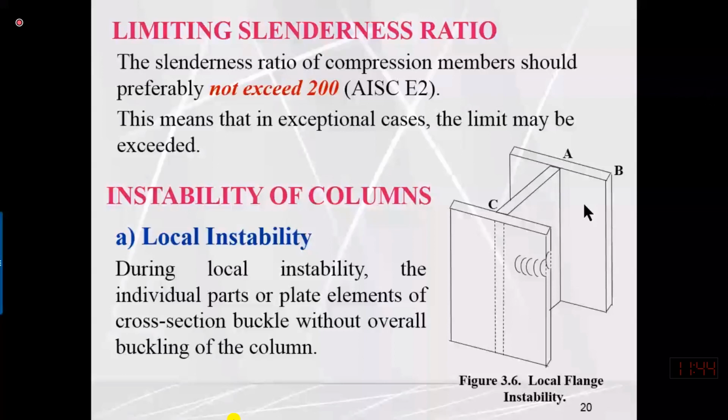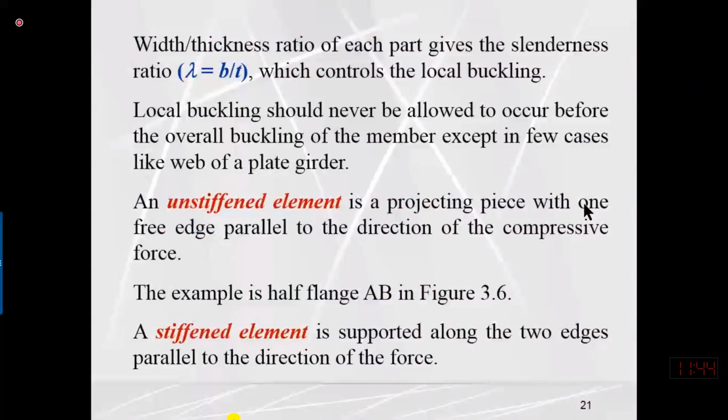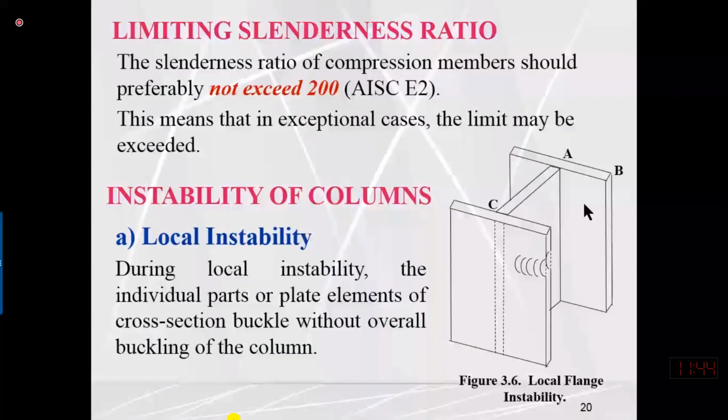So how to control the buckling? AISC says that if there is a chance of buckling, we use b over t, the width over thickness ratio. The width in the case of the web is the height of the web, and the width of the unstiffened element in an I section is from A to B, which is half the flange length.